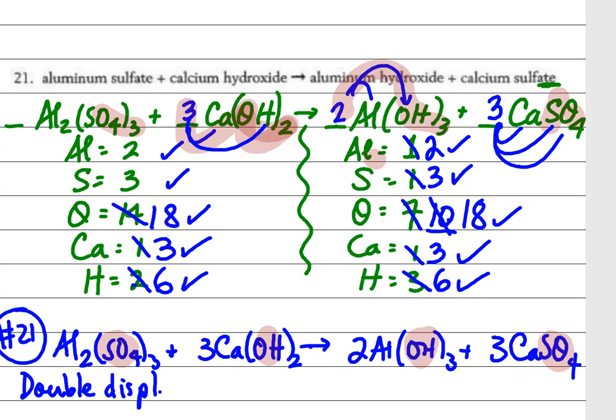Right. So you might think that this is the correct way of balancing question number 21. And you'll notice on the bottom, we have the balanced equation, which says 1 mole of aluminum sulfate reacts with 3 moles of calcium hydroxide, and this produces 2 moles of aluminum hydroxide and 3 moles of calcium sulfate.